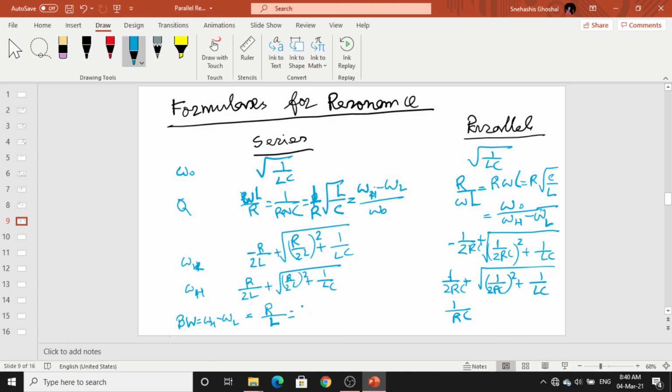This is also equal to, if you multiply by omega naught, R by omega naught L, so it would have been omega naught by Q. Here also, on a similar note, we can write this as omega naught by Q.